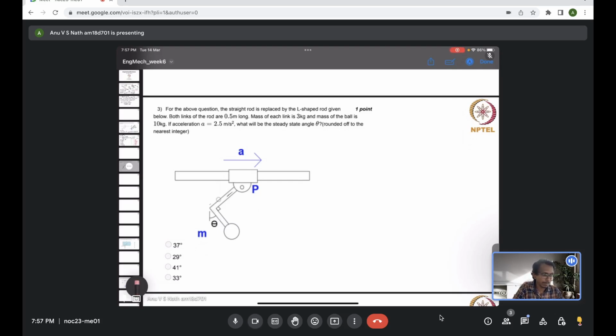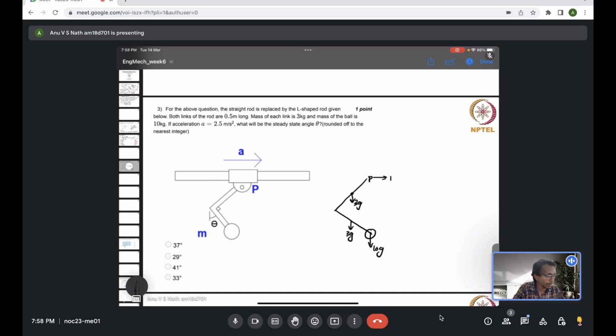So you can think of the free body diagram as something like this: you have an L shape like this, you have a 10G acting here, 3G acting here, 3G acting here. Now point P is here, and there are some other points about which the force is acting.